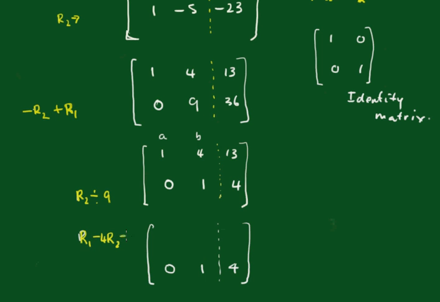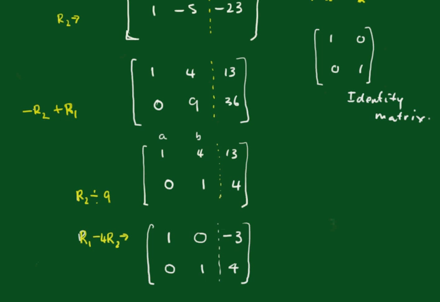Here we go. Well, that won't have any effect, will it? If I'm multiplying that by 4, the 1 will stay as it is. But here, if I multiply that by 4 and subtract it, I'll get my 0. Here comes the identity matrix. So when I multiply that by 4, which makes that minus 16, and 13 minus 16 is minus 3.